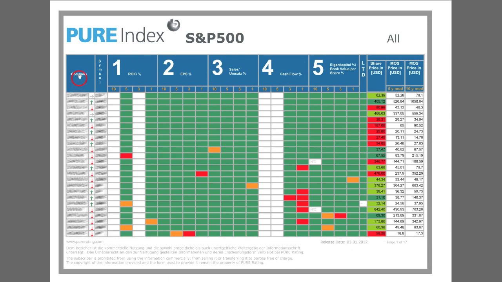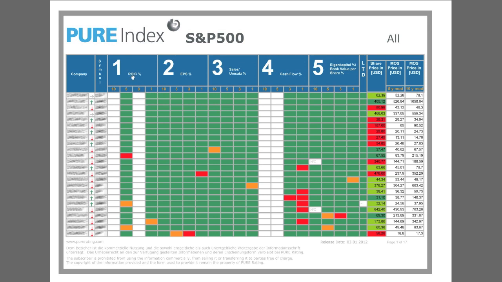On the left-hand side, you see the company's name, followed by the stock symbol. Now you see the 5 most important fundamental ratios here with the numbers 1, 2, 3, 4, and 5. Here we run an analysis of each individual ratio of the past 10, 5, 3 years, and the last year.